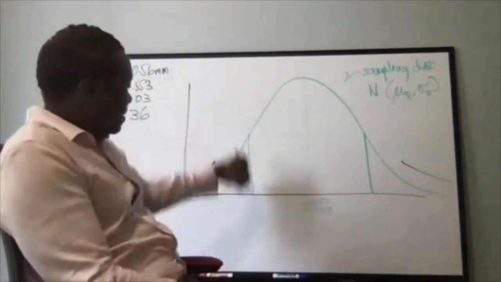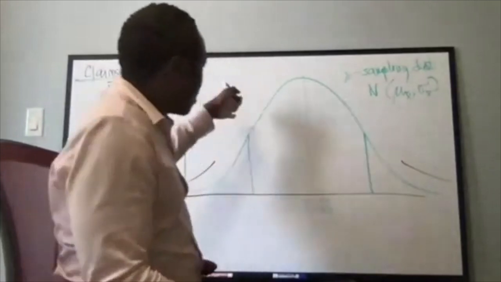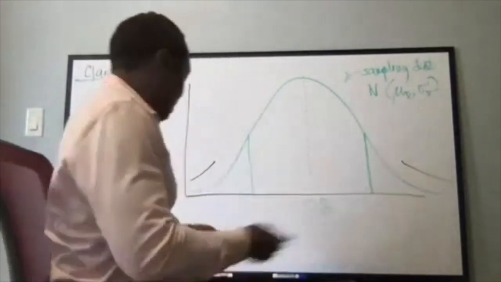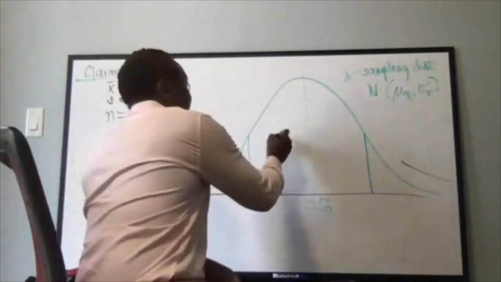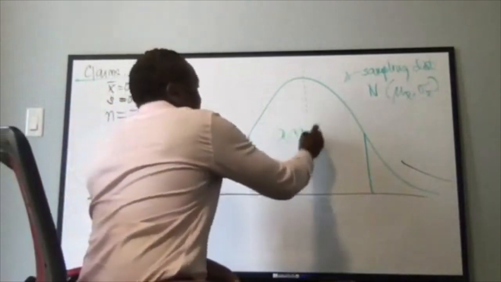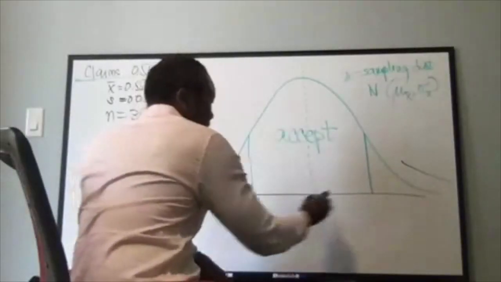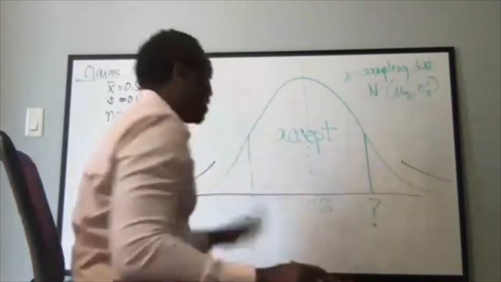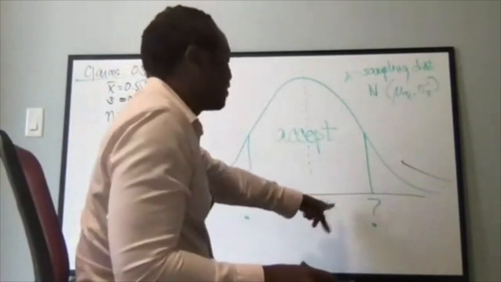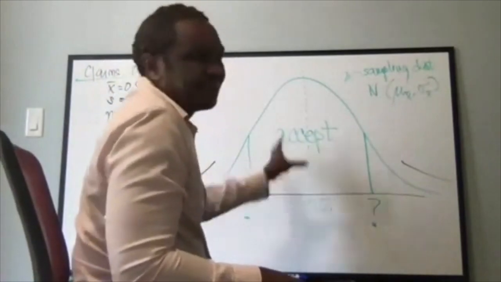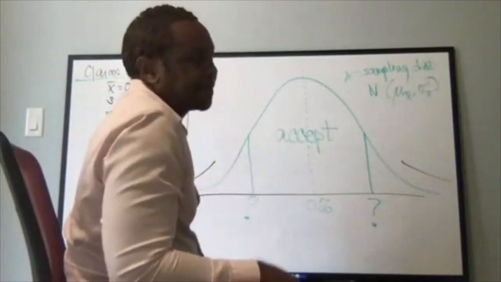And you see these values I put right here? These are what's called cutoff values to accept or reject the claim. So inside of here, I'm going to say accept. In other words, from this 0.56 up to some value right here, and to some value right here on both sides, I'll say it's still close enough to 0.56 that we'll go ahead and accept it.